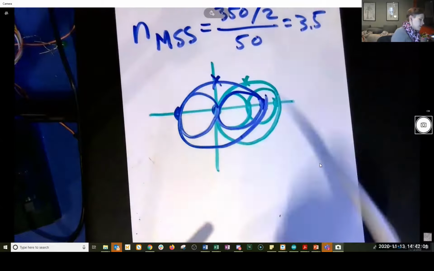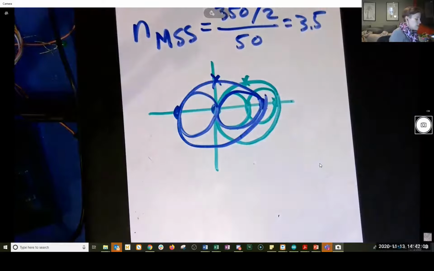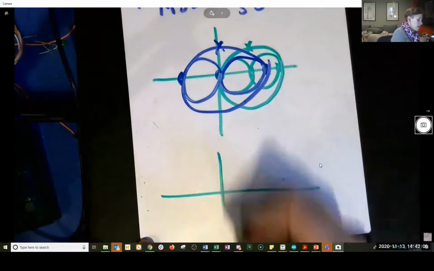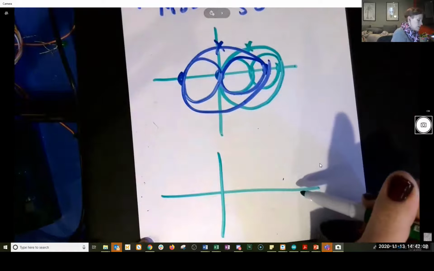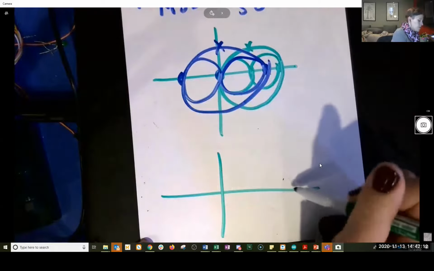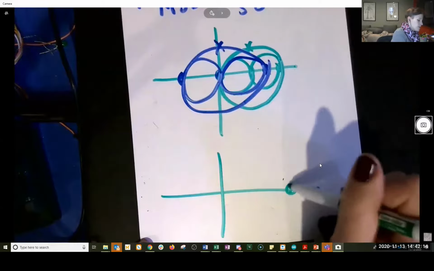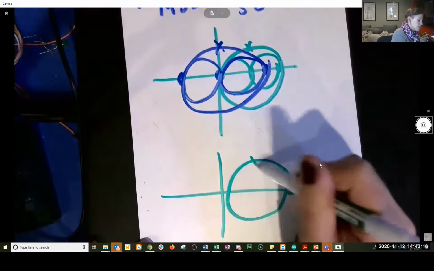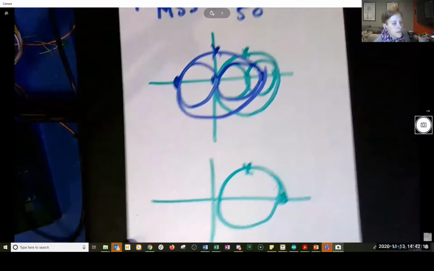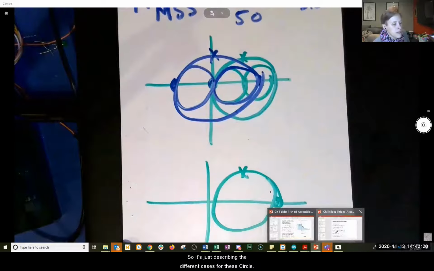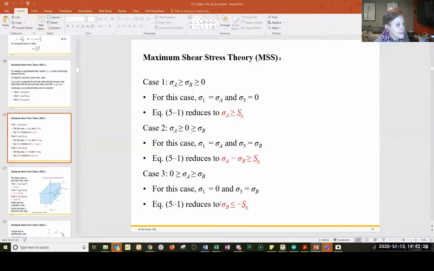So I have this one out here. But the one we just solved had 1, 2, 3, so there was only really one circle. So it's just describing the different cases for these circles.